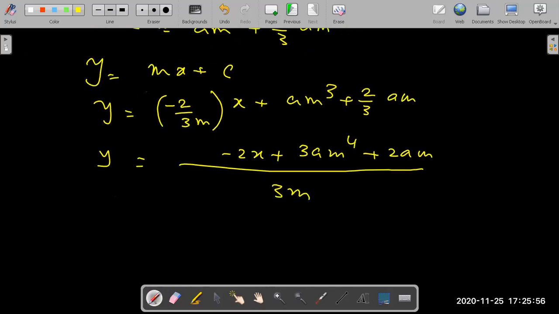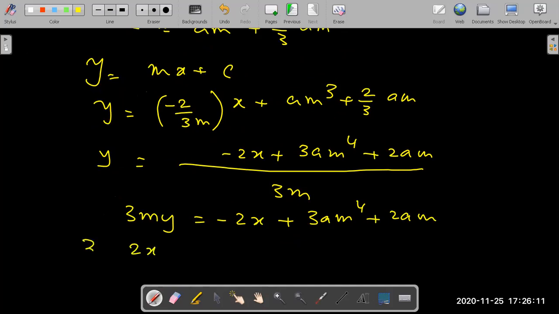Then we do a cross multiplication, you have 3my = minus 2x plus 3am to the power of 4 plus 2am. Then bring it over here, you will have 3my plus 2x, and the rest of the things are minus 3am to the power of 4 minus 2am equal to 0.